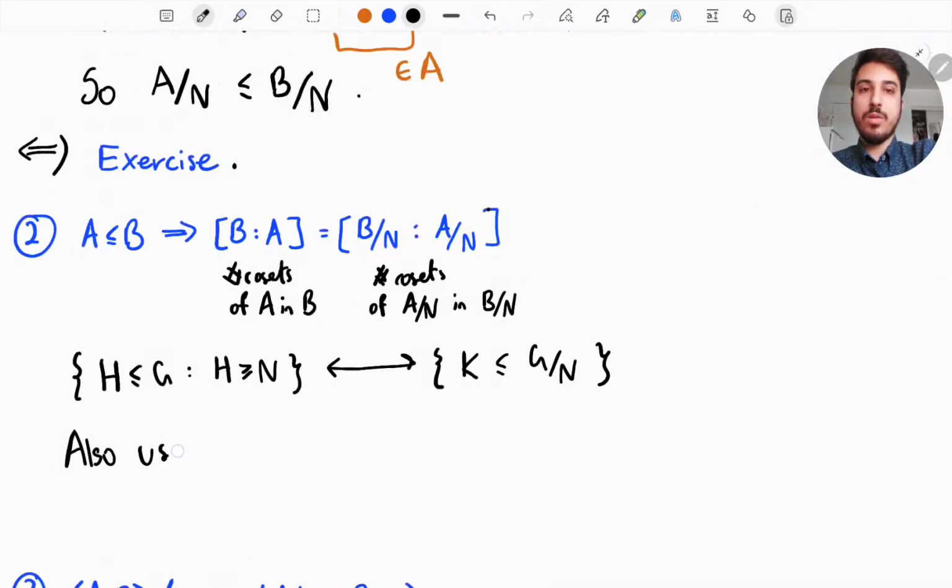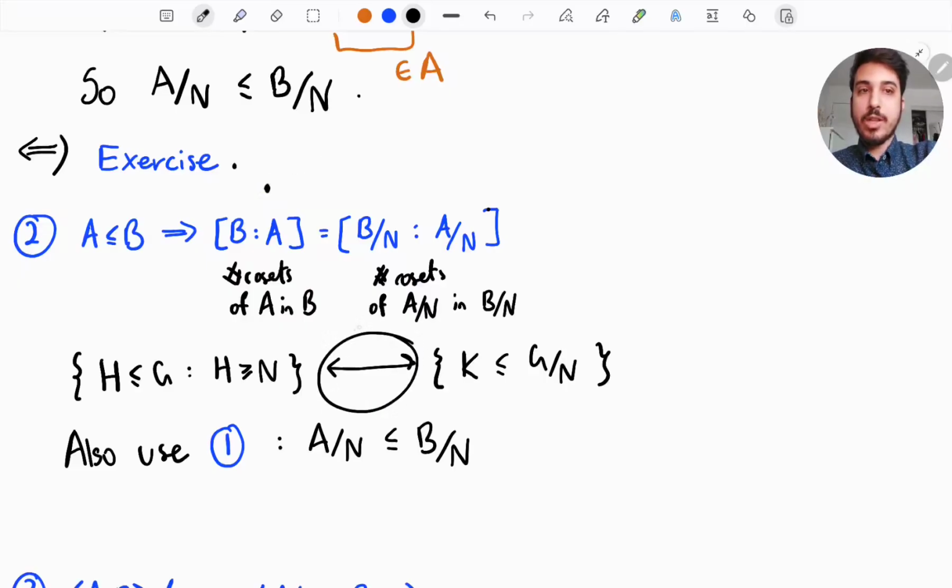Also, we use the first result to say that AN is a subgroup of BN, therefore ensuring that any coset of A and B, because of the bijection here, is mapped to a unique coset of AN in BN, completing the proof of the second result.